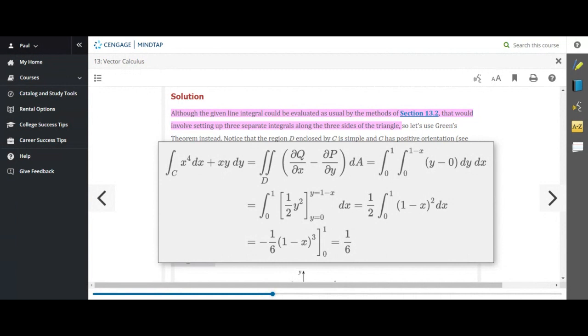So we end up getting, for the line integral, 1/6. So that's pretty nice, right? That's a lot easier than adding up 3 separate line integrals.